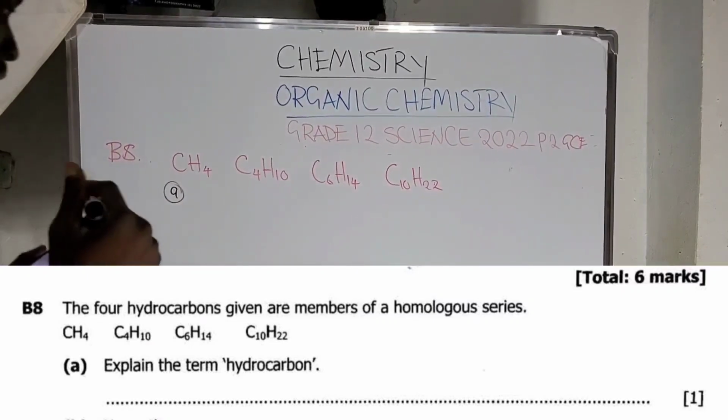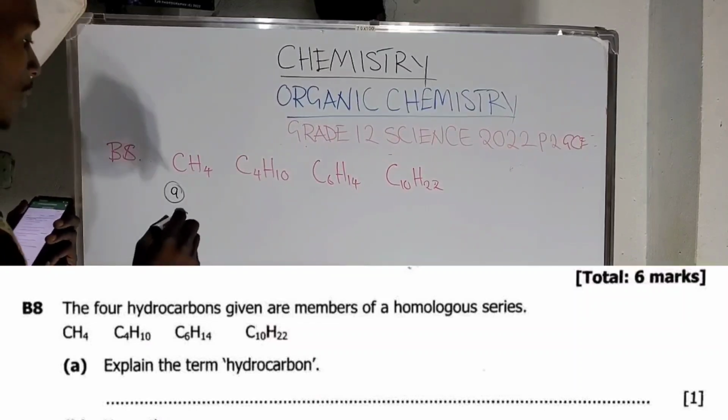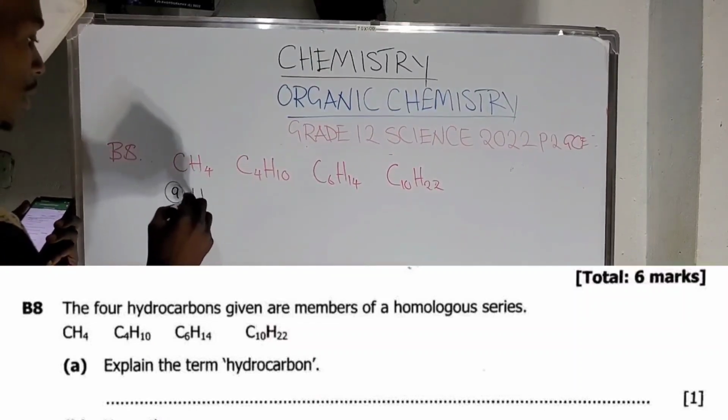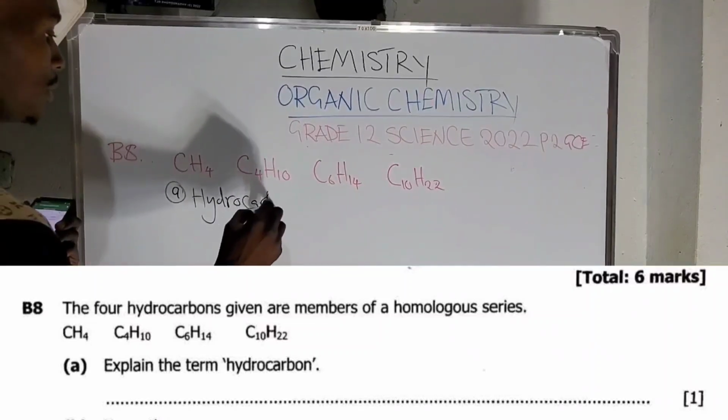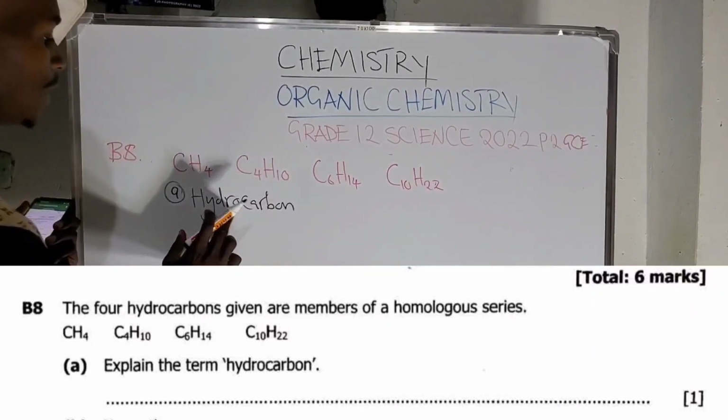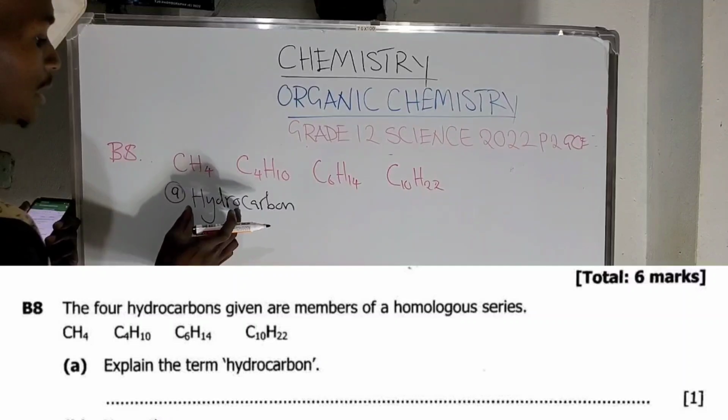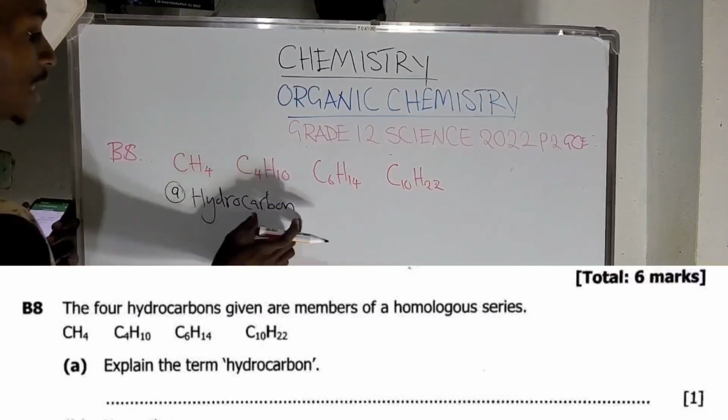explain the term hydrocarbon. This is simple. From the words hydro and carbon, it means it's made up of hydrogen and carbon.